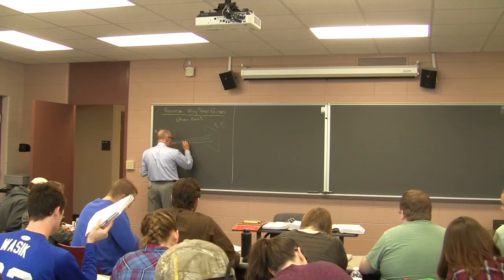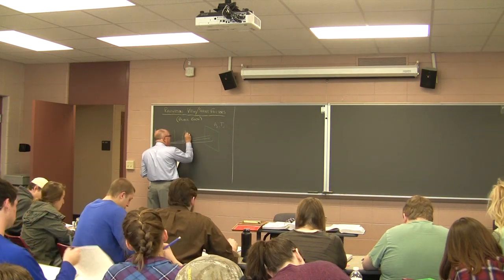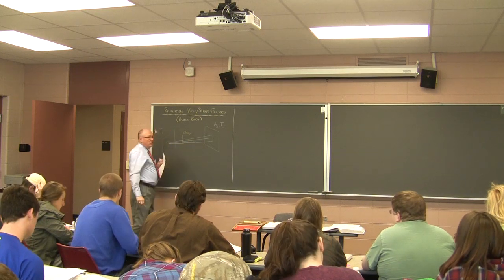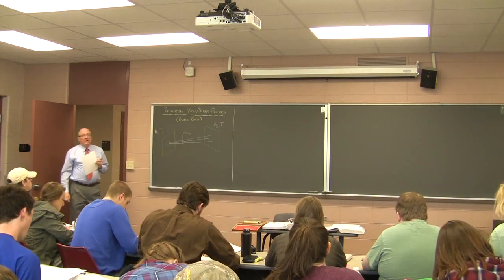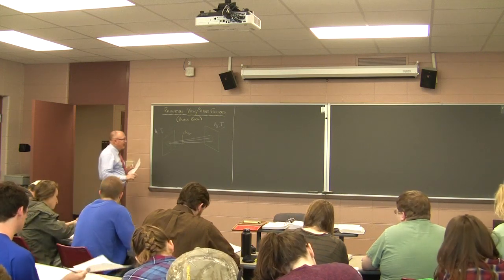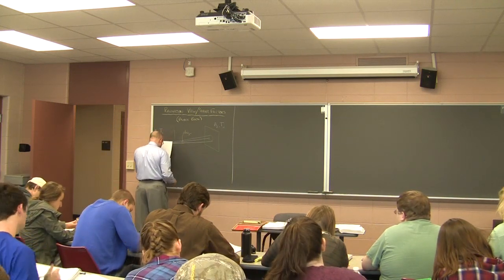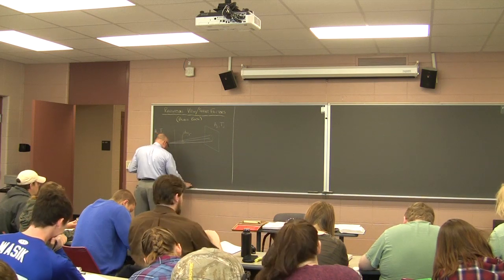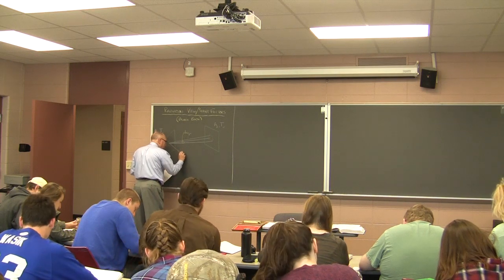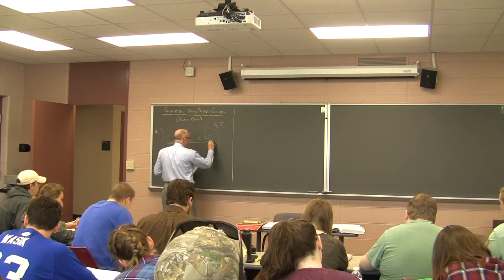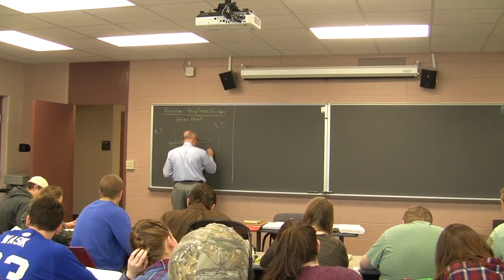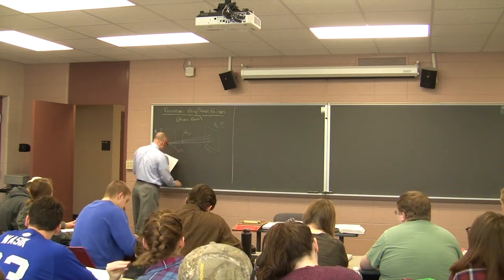So this will be d omega ji, describing surface J as seen from surface I. I'm going to put normals on here. So here's my normal I, and this will be my normal J, like so.